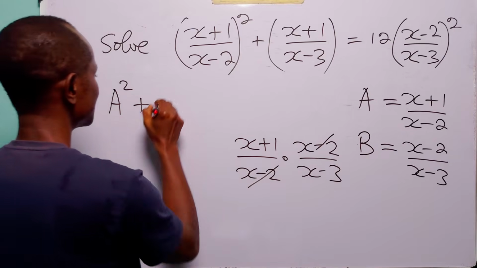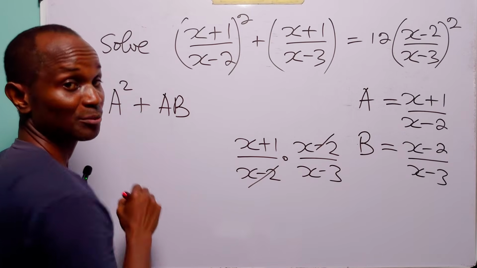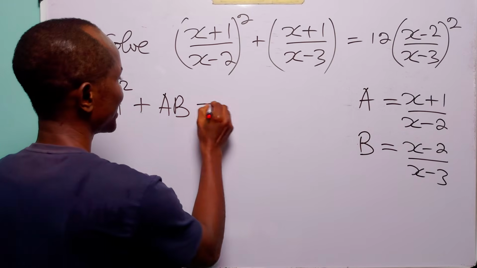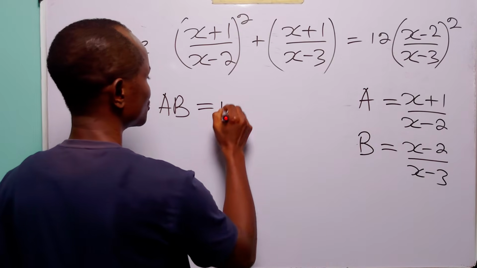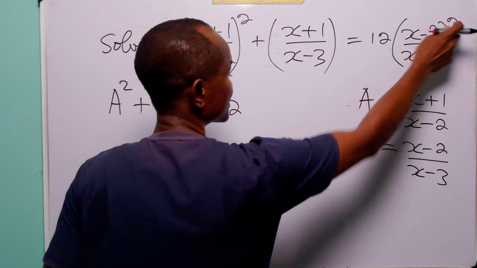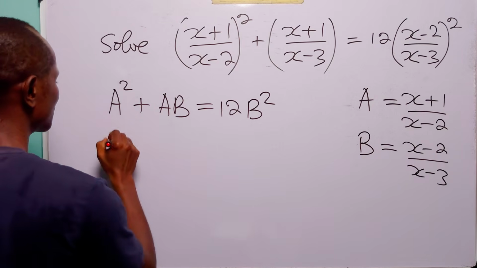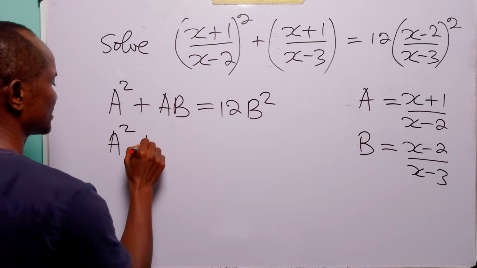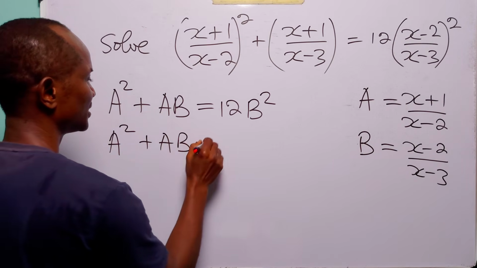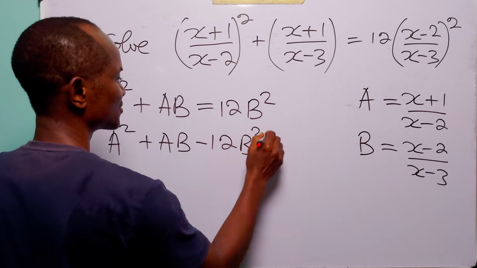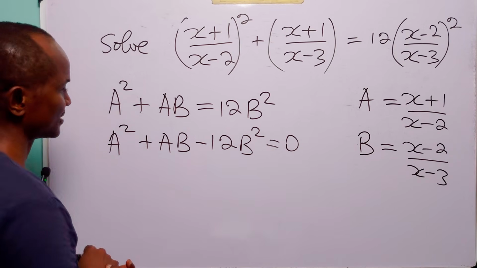So this term is ab. And then on the right hand side, we have 12b squared. Rearranging this equation, we have a squared plus ab minus 12b squared is equal to 0.